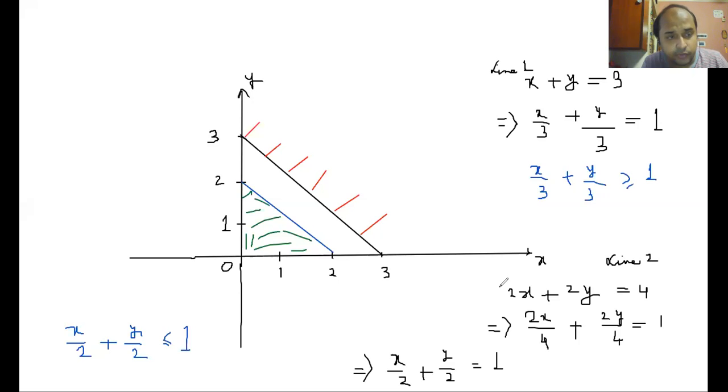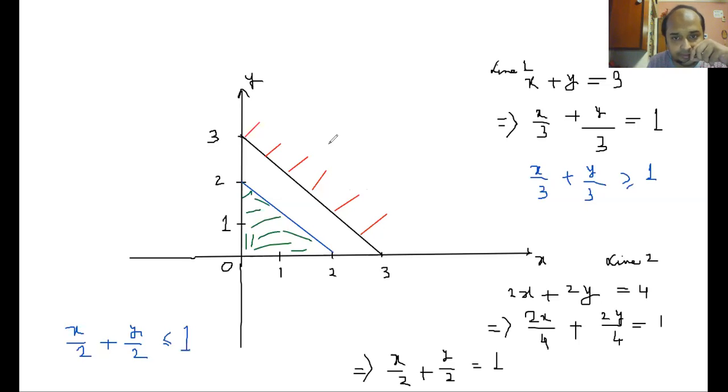But here, carefully observe, you have got a mutually exclusive kind of region. Totally disjoint region. This red side corresponding to line 1 is no way common to the green side corresponding to line 2.